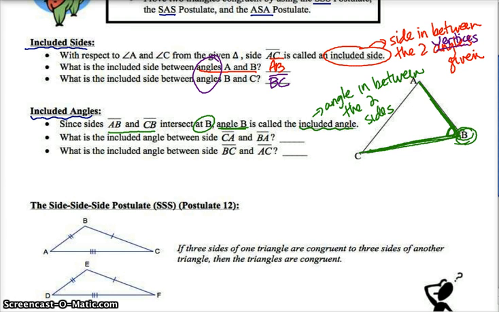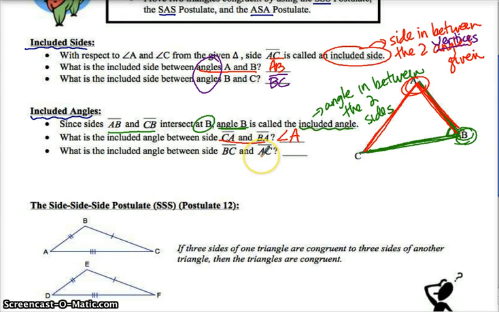So if we look at CA and BA, here's CA, here's BA. What is the included angle? Well, it's angle A up here. You can also see they share the same vertex in common. So A is in common, so that's the included angle. Here, if angles A and B are what we're talking about, the side we're creating is these two vertices connected, AB.